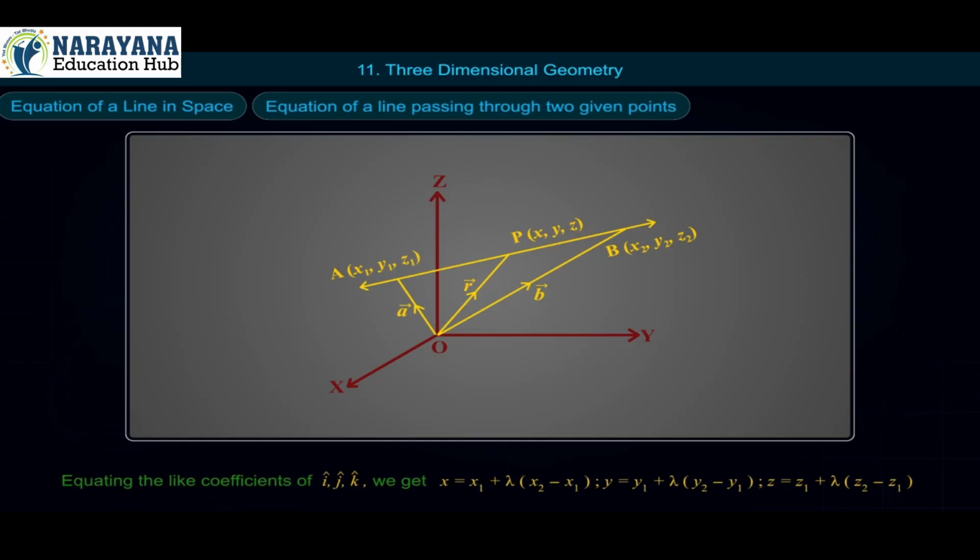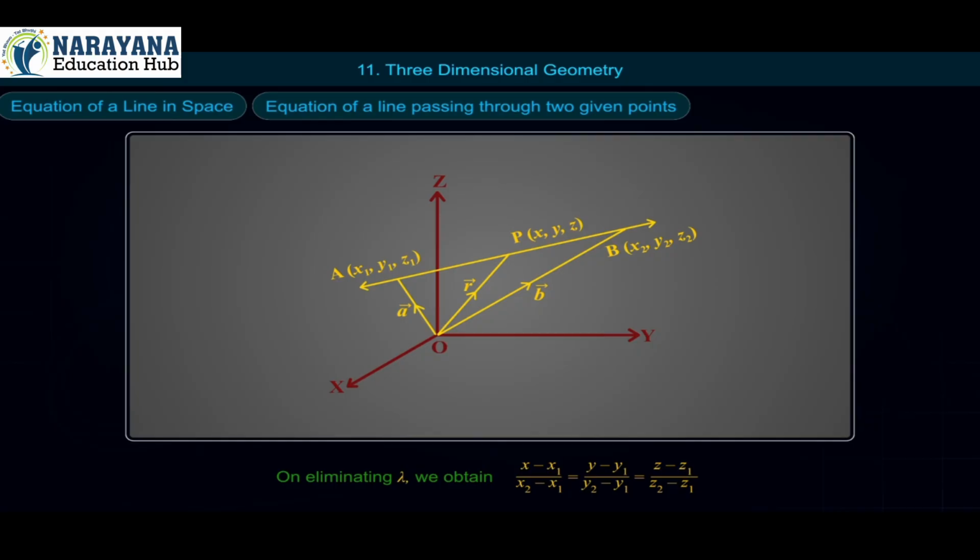Equating the like coefficients of i cap, j cap, k cap, we get x is equal to x1 plus lambda into (x2 minus x1), y is equal to y1 plus lambda into (y2 minus y1), z is equal to z1 plus lambda into (z2 minus z1).